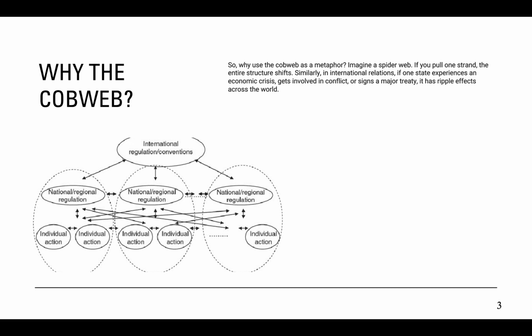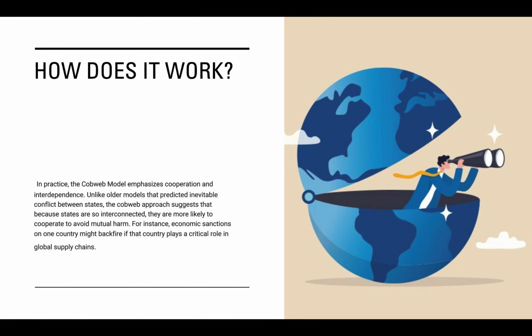So how does it work in practice? In practice, the Cobweb model emphasizes cooperation and interdependence. Unlike older models that predicted inevitable conflict between states, the Cobweb model suggests that because states are so interconnected, they are more likely to cooperate to avoid mutual harm.